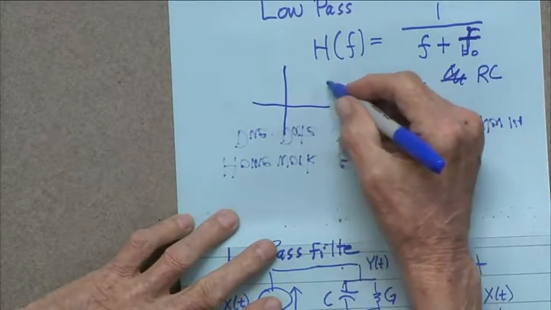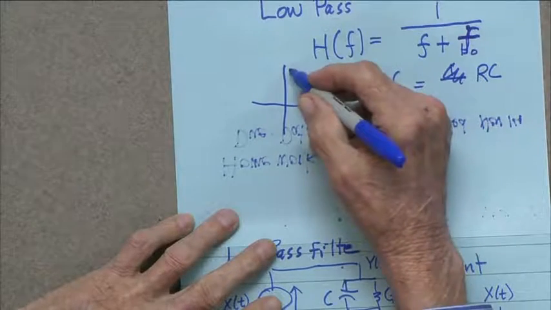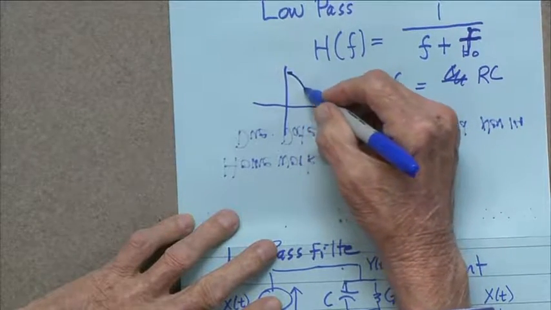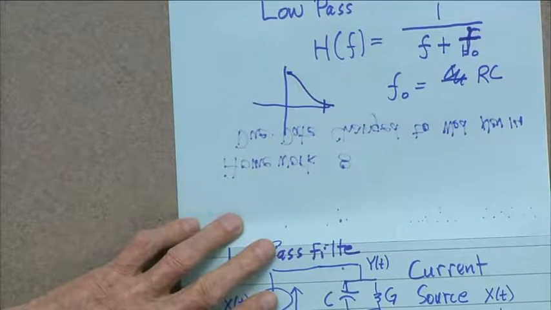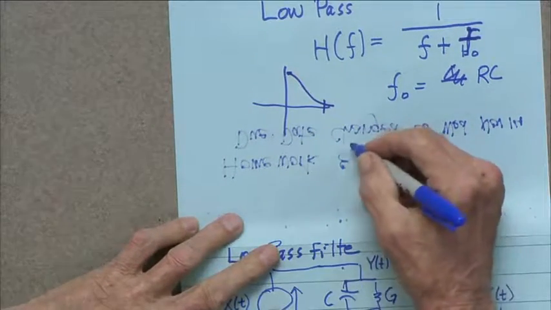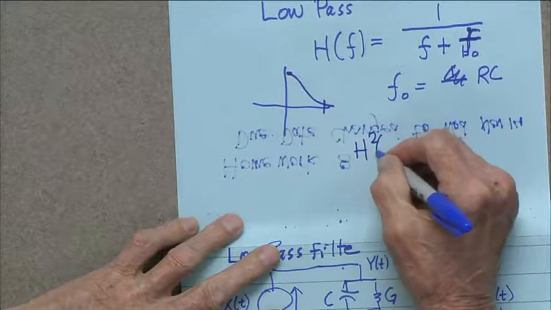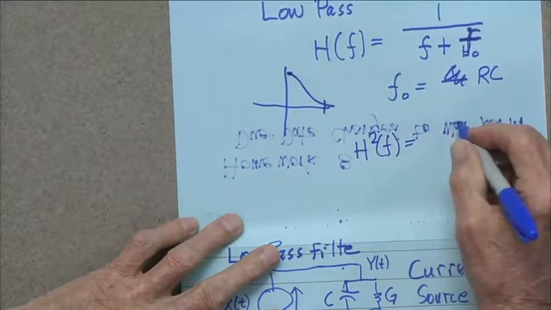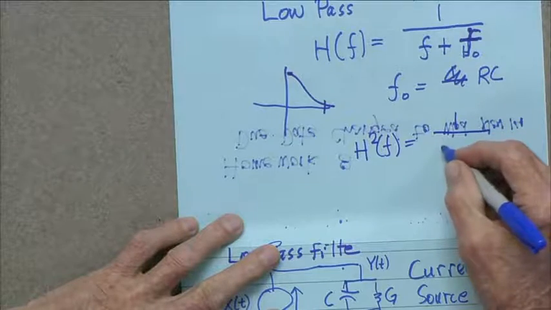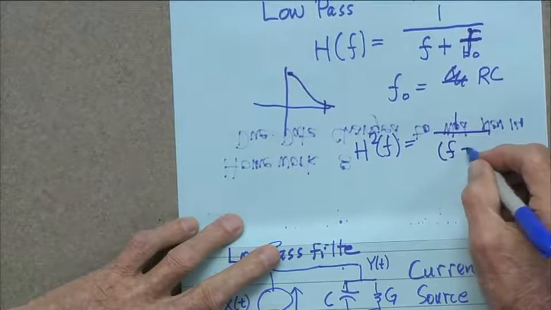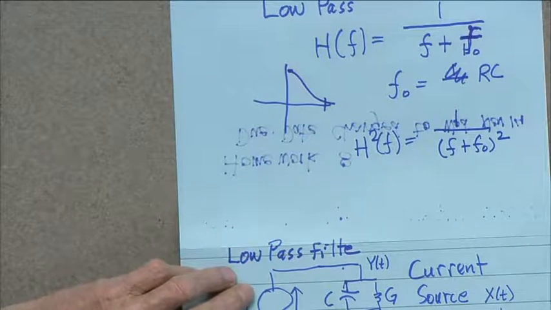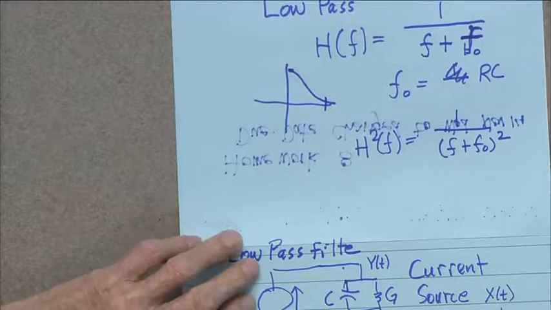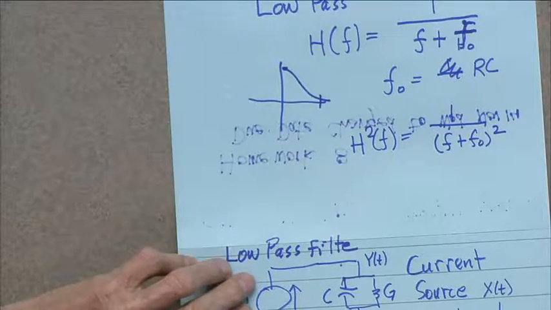And so here's what it looks like. H of F. H squared of F is 1 over (F plus F0) quantity squared. H is the transfer function for that network.